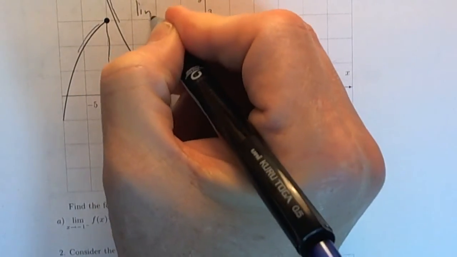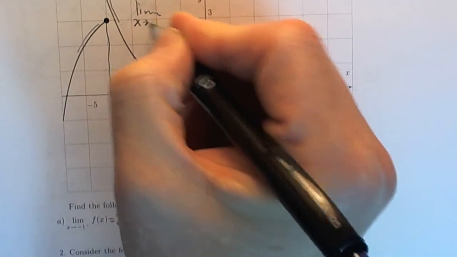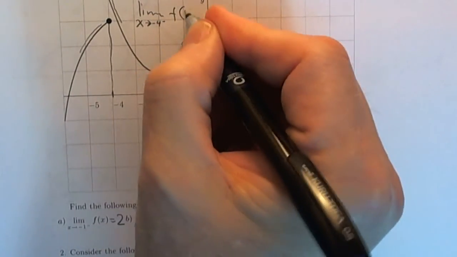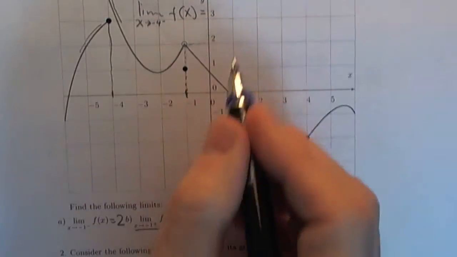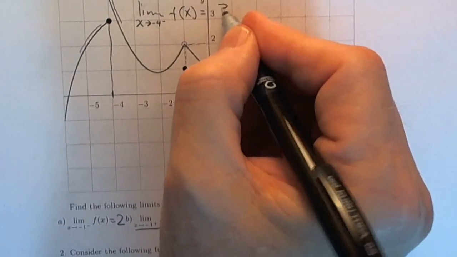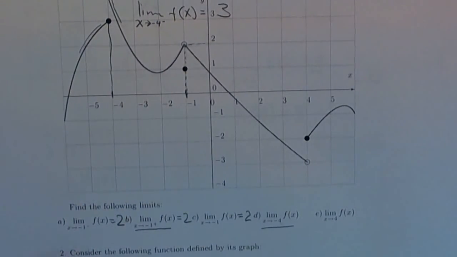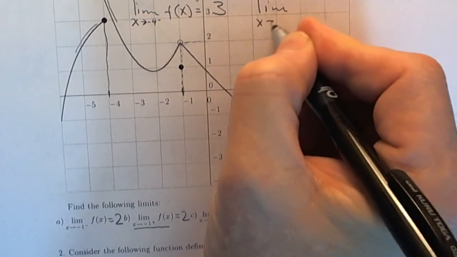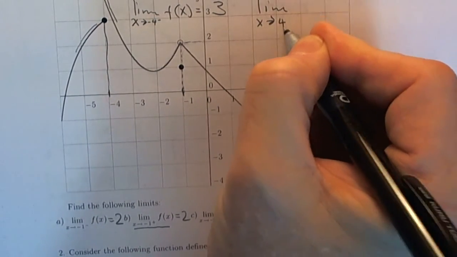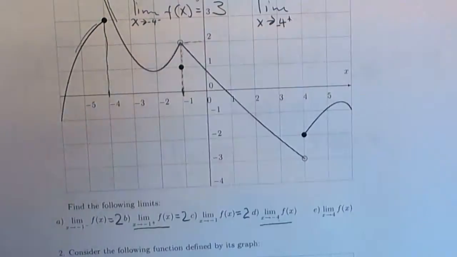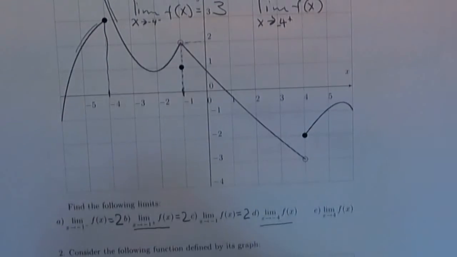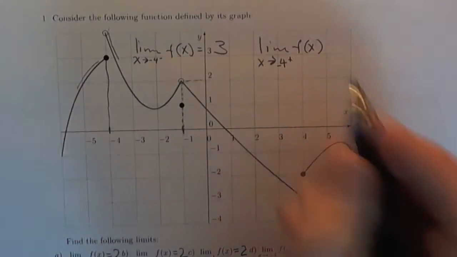In fact, the left-hand limit, like that, of this function, is going to be 3. Okay. However, the right-hand limit, the limit as I approach from the right, of this function, the same function, that's going to be something different, right?